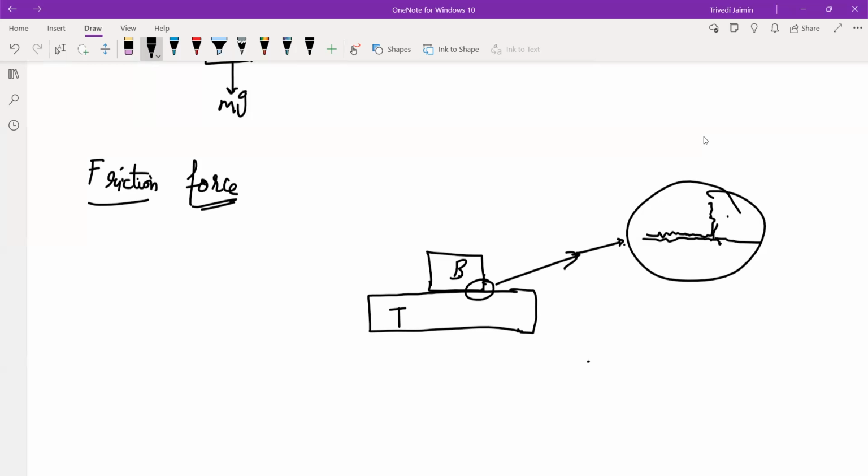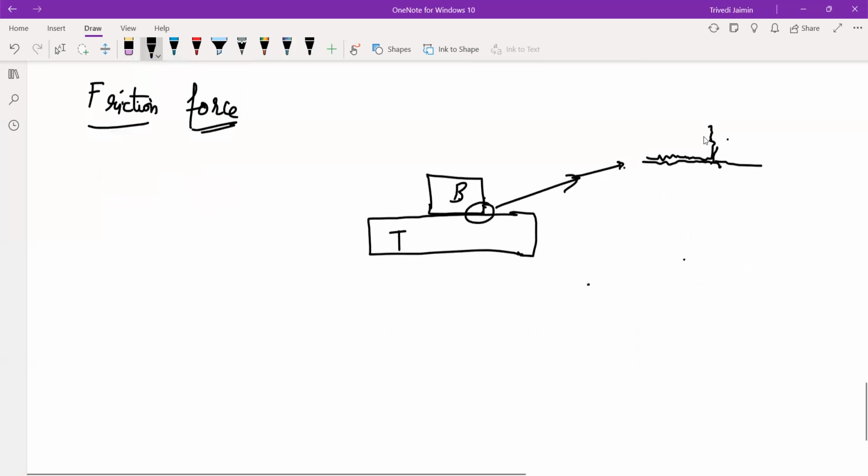So that creates friction, and we gave it the name frictional force.